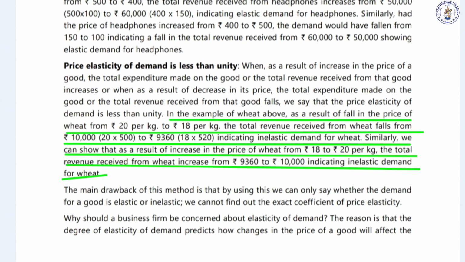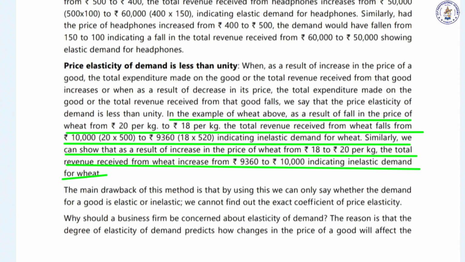When 20 rupees was the price per kg, the demand was 500 units, so the revenue earned was 10,000. But when the price decreased to 18, the total revenue earned for 520 kgs was only rupees 9,360.